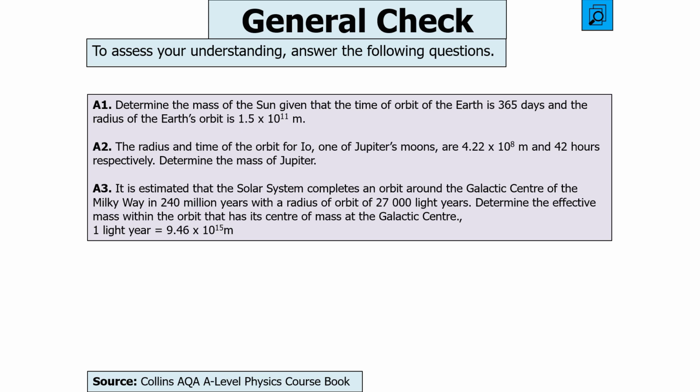Then it's estimated that the solar system completes an orbit around the galactic center of the Milky Way in 250 million years with a radius of orbit of 27,000 light years. Determine the effective mass within the orbit that has its center of mass at its galactic center. 1 light year is 9.46 times 10 to the 15 meters. So pause the video now, then unpause the video when you want to go through your answer.